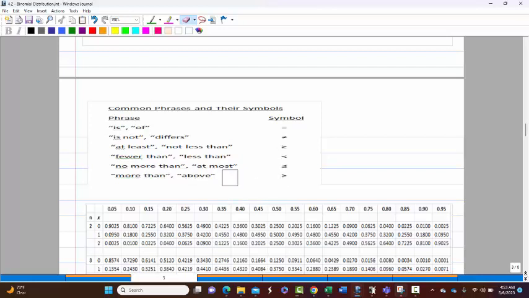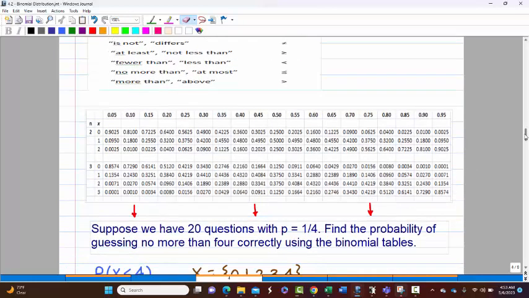No more than, at most, is less than or equal to. More than, above, greater than are all the same thing. So it's not my goal here to trick you, but we do have to be able to read these things and turn them into the proper symbol to get the proper probabilities.